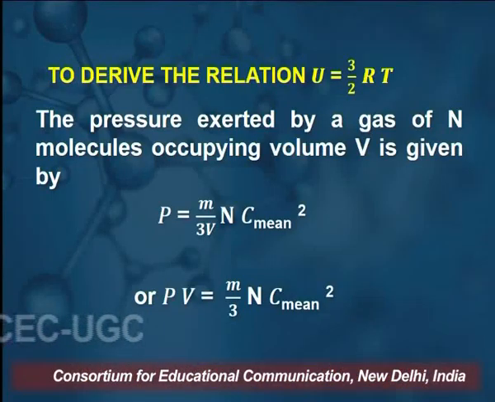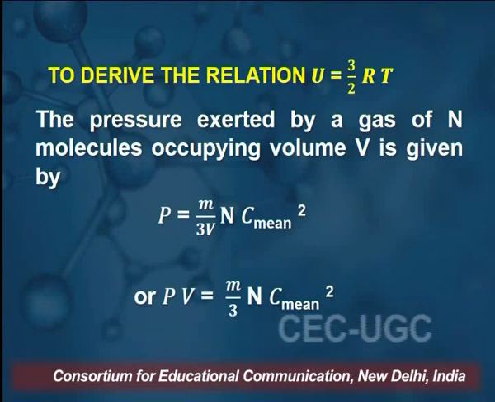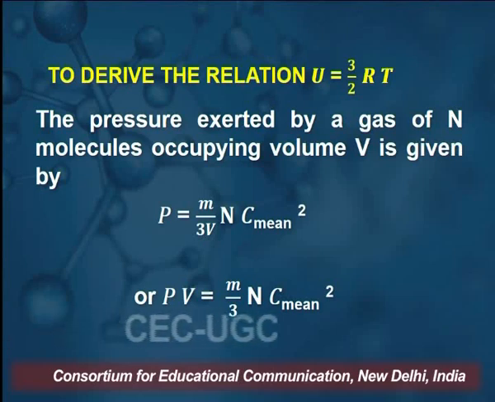The pressure exerted by a gas of n molecules occupying volume V is given by, as we have just seen, P is equal to m by 3V n C mean square. Here P is the pressure, m is the mass of individual molecules, V is the volume of the enclosure, n is the number of molecules.